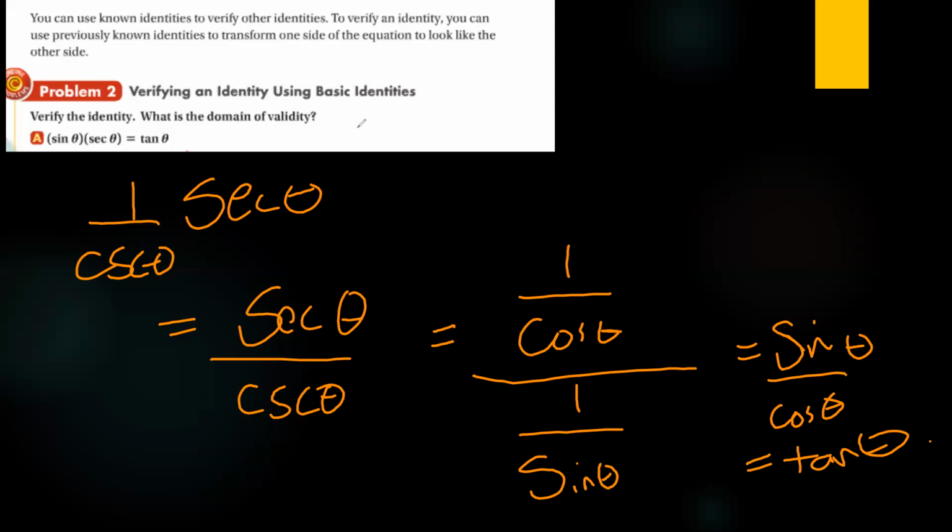Yes, so teacher, secant and cosecant, we can simplify them. But for sine and cosine, no, we can leave them like that. Yes, sine and cosine are the basic ones. You cannot simplify them.